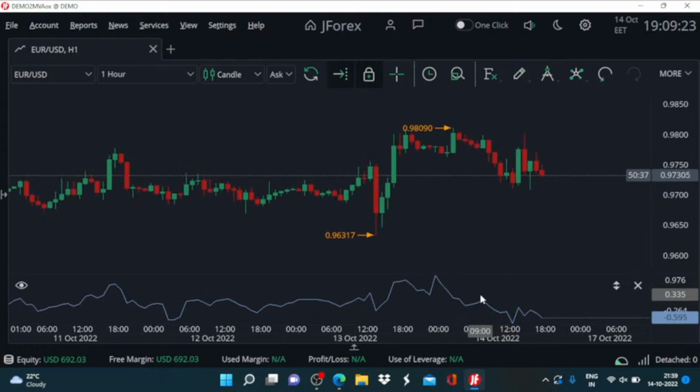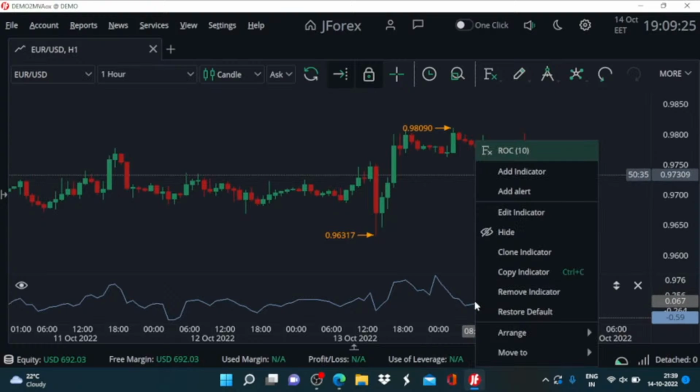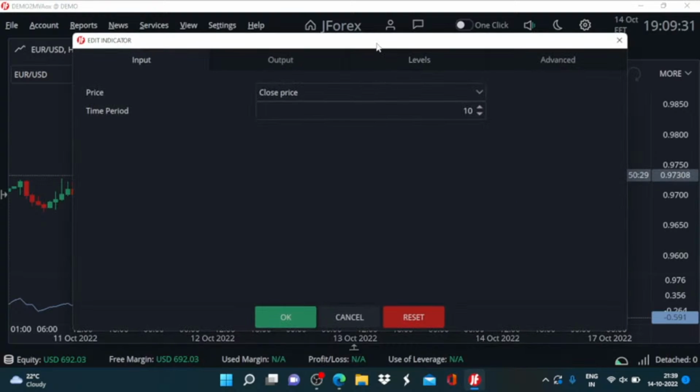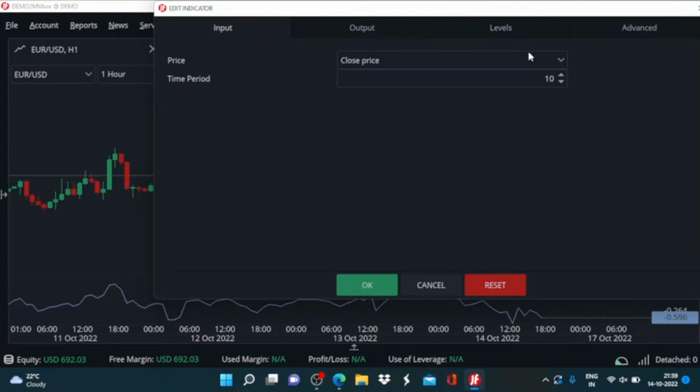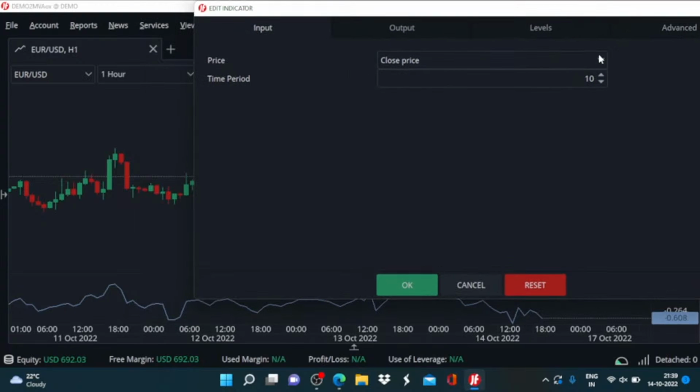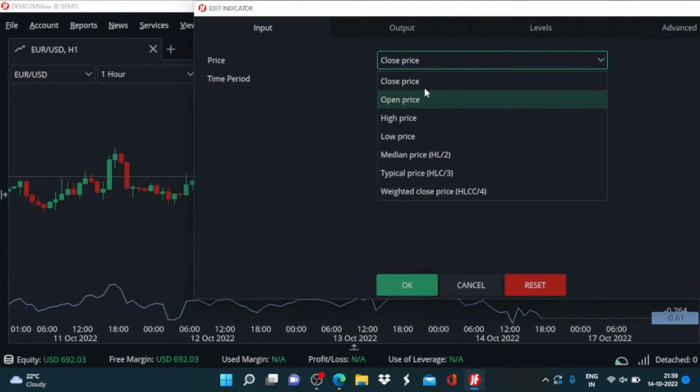So here now we consider what are the customization options available to us on the platform. For that, I'm going to consider these editing options given to us. We can go for different types of applied prices. We can use all these applied prices: the close price, open price, high price, low price, median price, typical price, weighted close price. All the options are given to us.